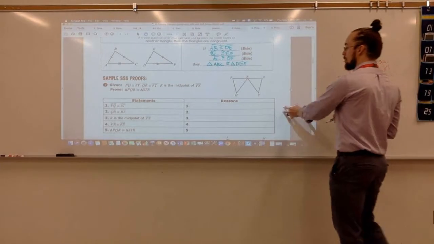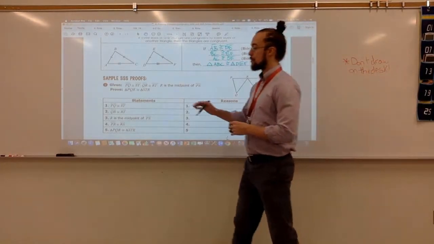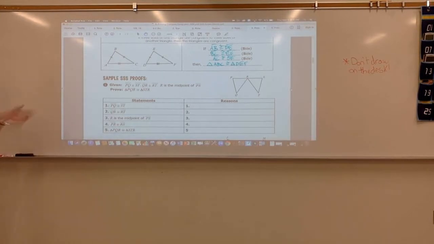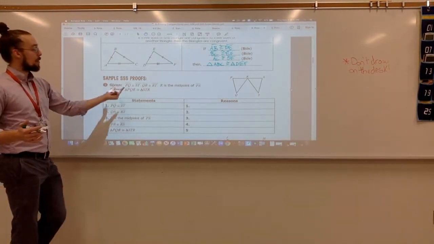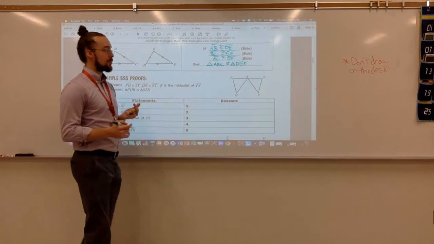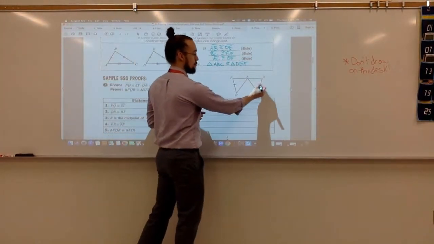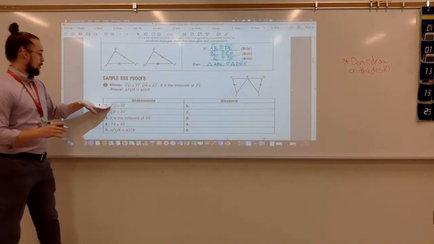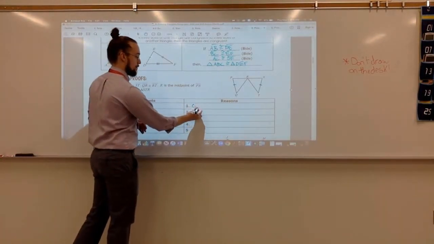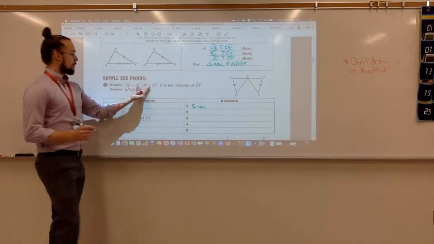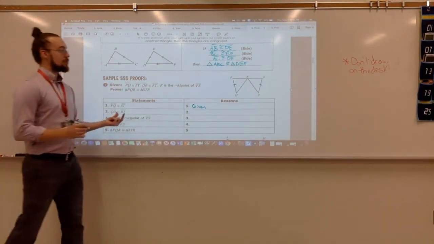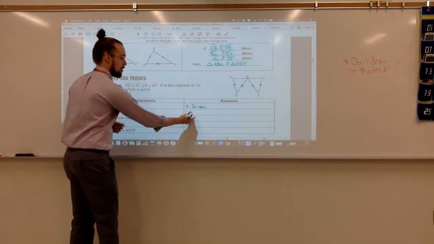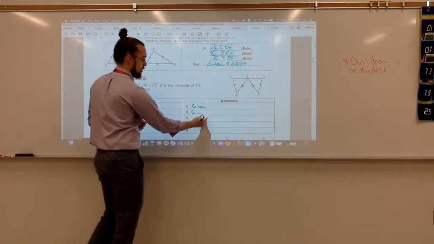So let's look at a couple proof examples. In this first one, I'm given a lot. I'm given that PQ and ST are congruent. So let's mark that on the diagram. And so I can fill in the first line, given. Then I'm given that QR and RT are congruent. So QR, RT, that's given.